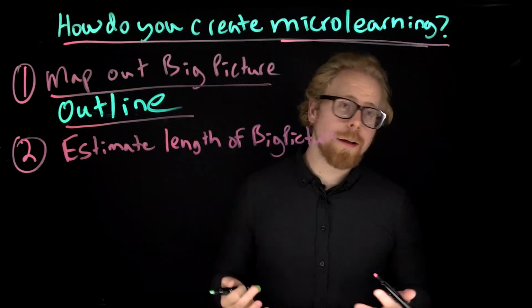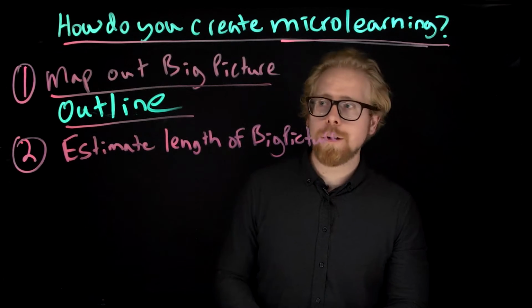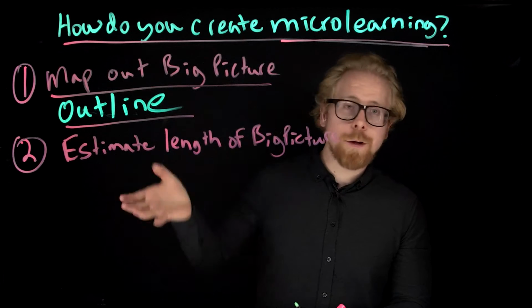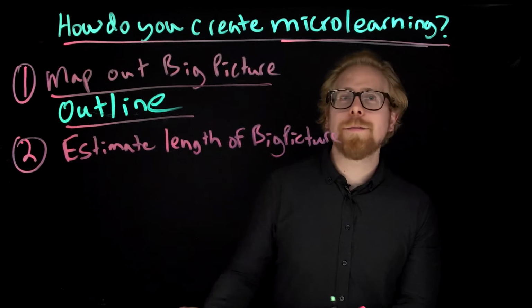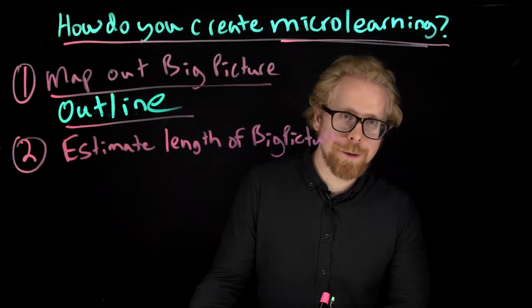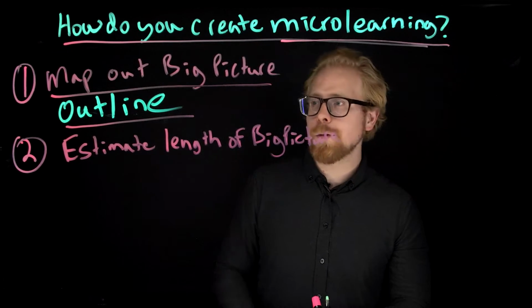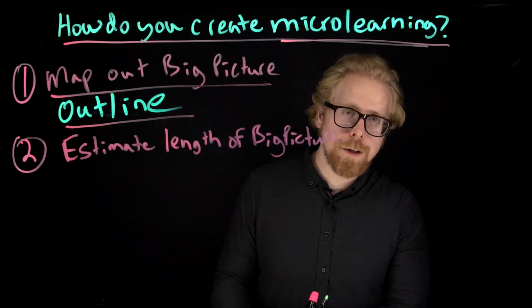I wish we could give you an estimate for how many pages an outline equals in content, but everyone builds outlines differently. Some people are very detailed with their outlines. Some people are very high level with their outlines.